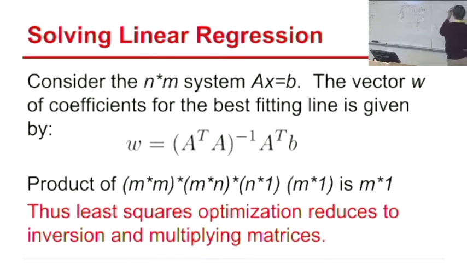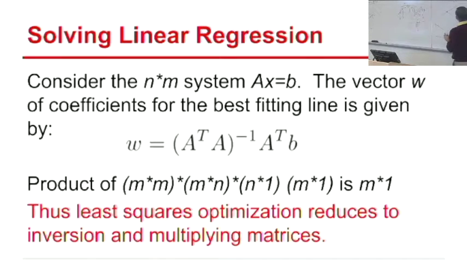I want to make a prediction. For each one of these n things, there is a target. If these are my training examples, for each one of these there is some dependent variable.